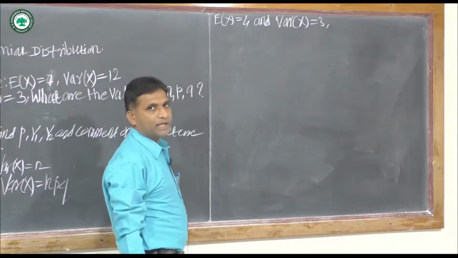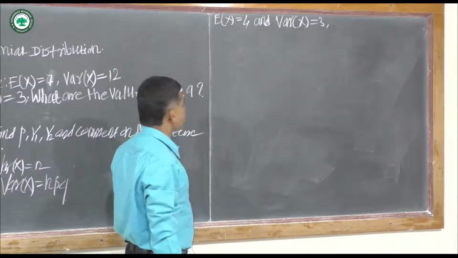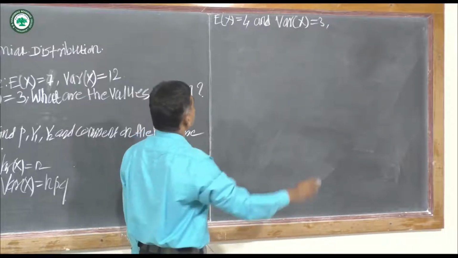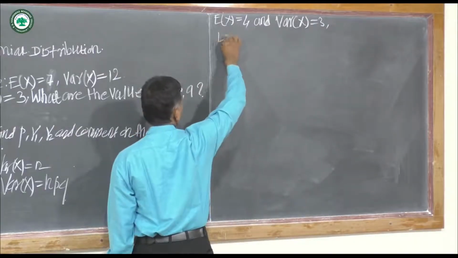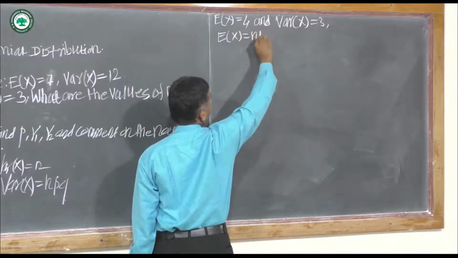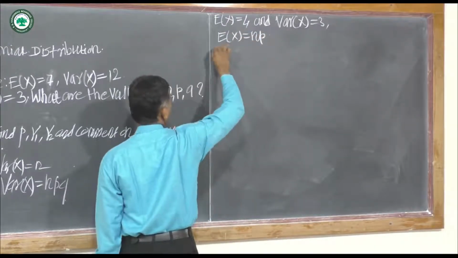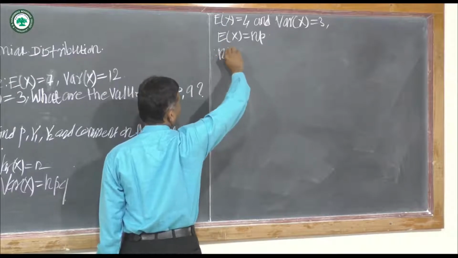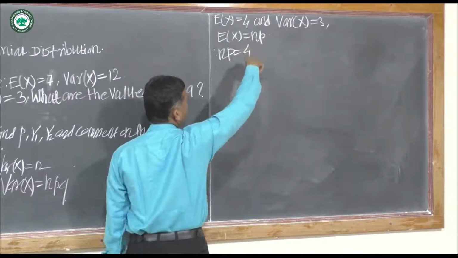Then what are the values of n, p, q? Okay, we know that expected value of X equal to np, therefore np is equal to 4.